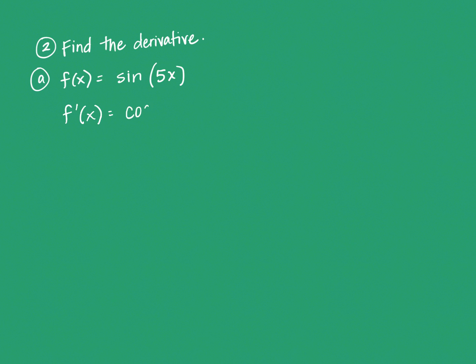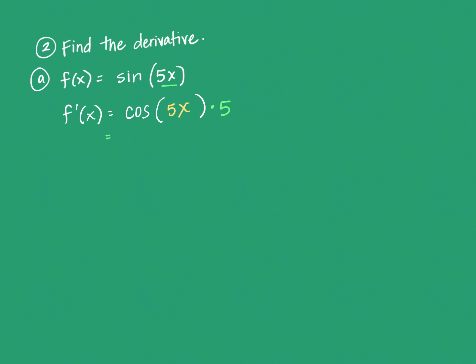So we're going to have cosine of something. Now remember, we're going to leave the inside function alone, so it stays as 5x. And then I multiply by the derivative of that inside function. So the multiplication is times 5.